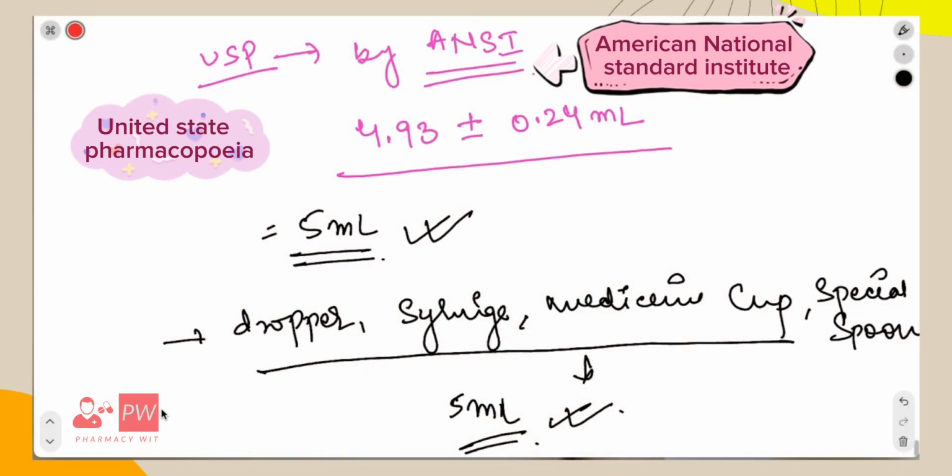In general, pharmaceutical manufacturers use 5 ml for the teaspoonful and 15 ml for the tablespoonful for the formulation of oral liquid preparations.